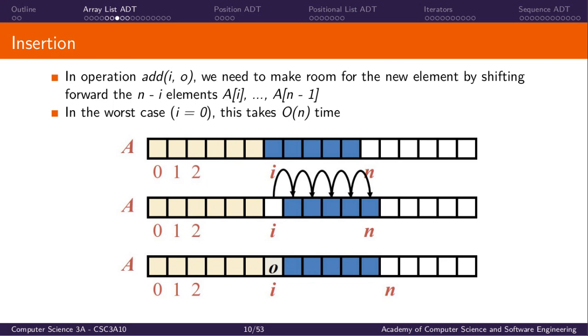All right, so we note that when we are either inserting, so adding, or removing elements somewhere within our array list, we'll have to shift all the elements that occur after it, either 1 to the right if we're adding, or 1 to the left if we are removing. In the worst case, we're adding or removing from the beginning of our array list, in which case we have to shift all n elements, either to the right if we're inserting, or to the left if we're removing.